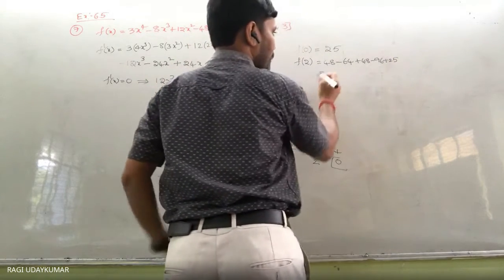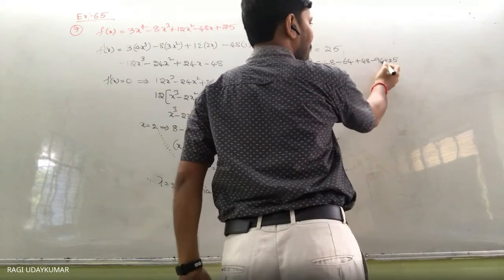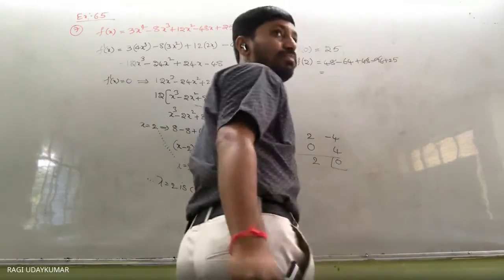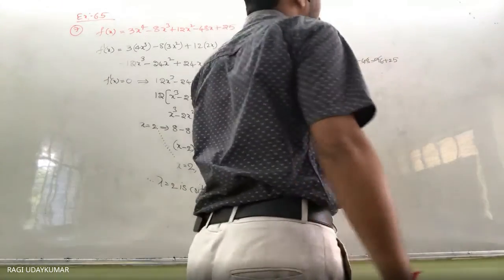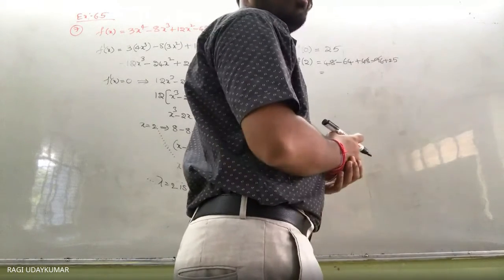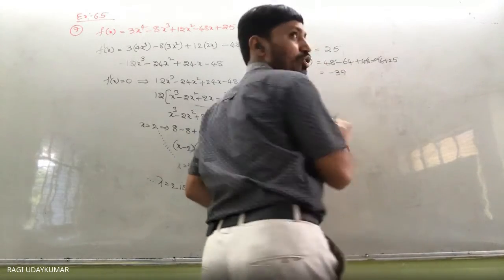So what do you get here? 96 होगा, ये दोनों 96 है, cancel हो जाएगा, minus 64 plus 25. So 64 से 25 subtract करो, 39 आएगा, so minus 39.